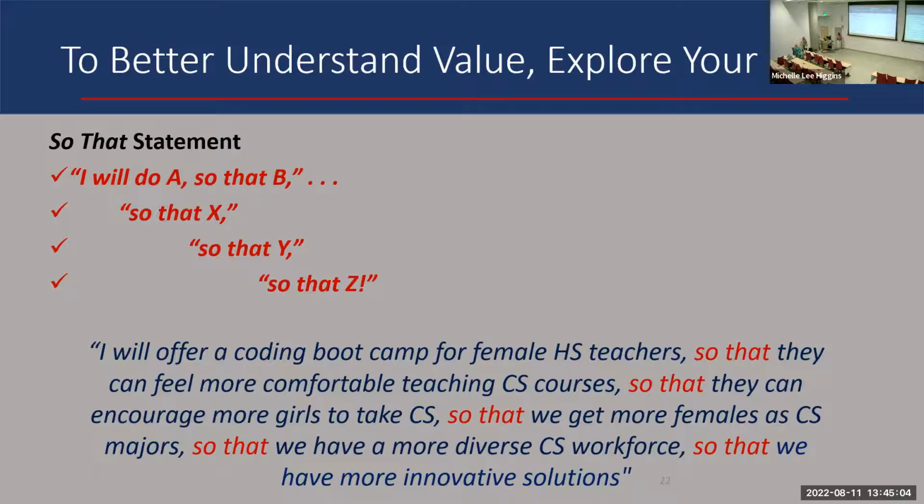I will offer a coding boot camp for female high school teachers so that they can feel more comfortable teaching computer science courses, so that they can encourage more girls to take computer science, so that we get more females as computer science majors, so that we have a more diverse workforce, so that we have more innovative solutions.